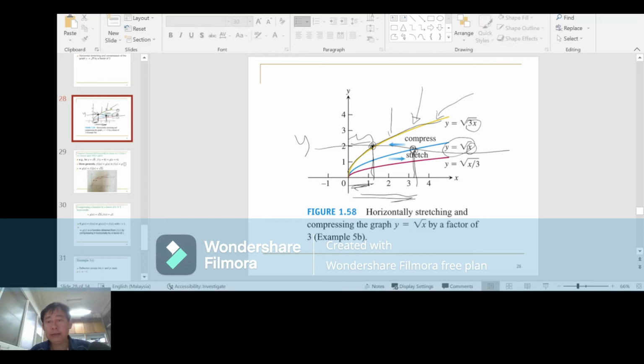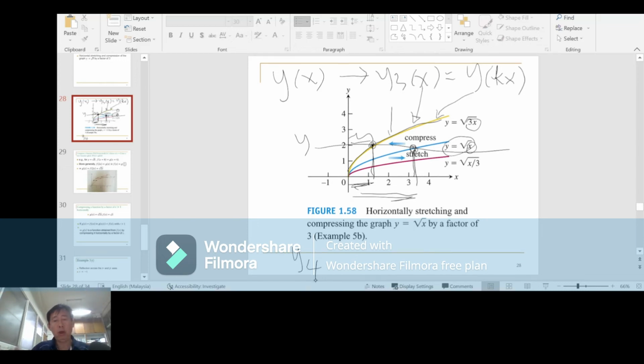Okay, so if you understand how we arrive at the horizontal compression of a function by replacing y by y3, where y3 is obtained by multiplying the x with k, then you should understand that the horizontally stretched version of the function is just the opposite.